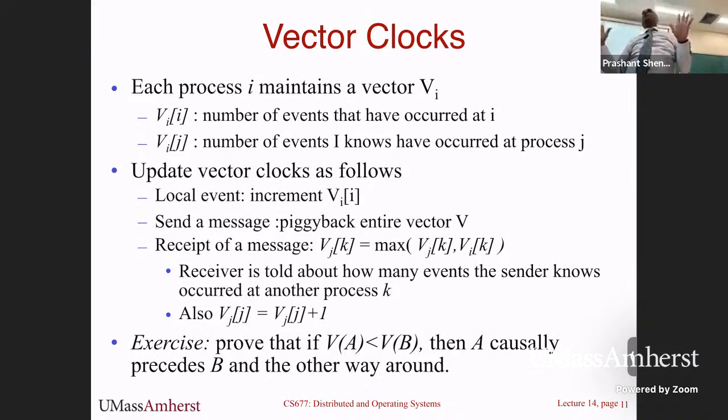And just by doing this, we could get the same property as Lamport's clock, but we also got the reverse implication where we could compare two vectors. And if they were comparable by the less than property, we were guaranteed that those two events have actually happened in that order. The reason this is true is any two events that are not ordered automatically get vector clock values that are not comparable.